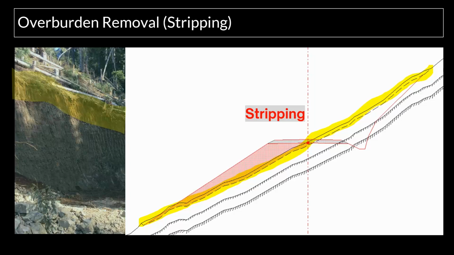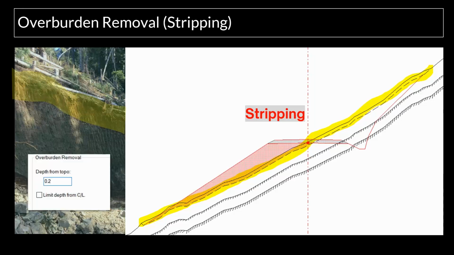So there's our topo surface, which represents the top of ground, but then there's usually a layer of undesirable materials. So in this case, in that image to the left, we've got a layer with a bunch of organics in it, roots in it, etc. And we probably don't want that in our fill. So we can assign site prep parameters for that. And that material is tracked as stripping in our volumes, and it won't be included in our fills or our mass haul.